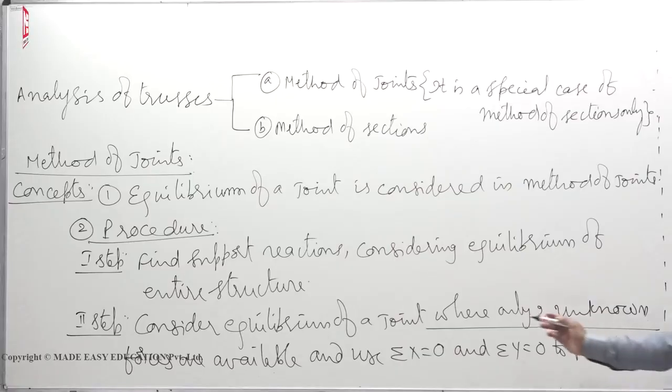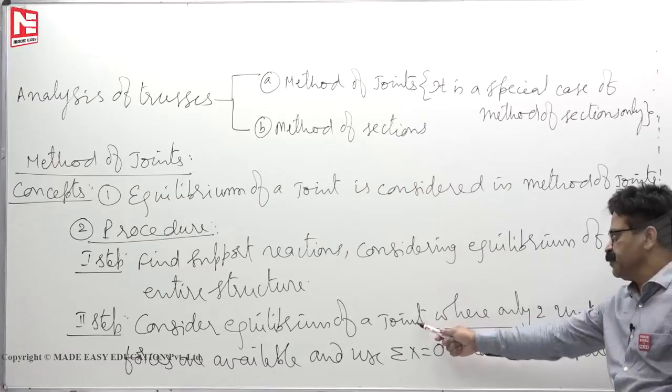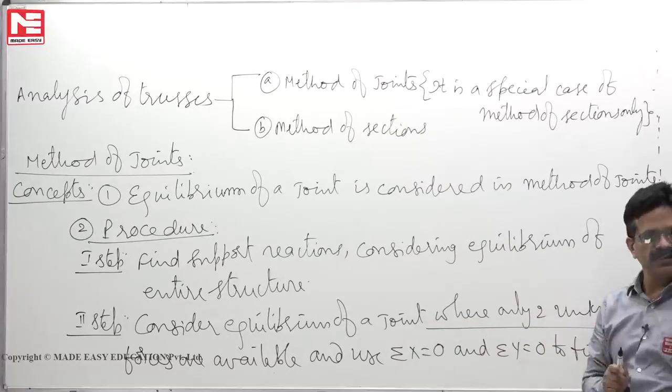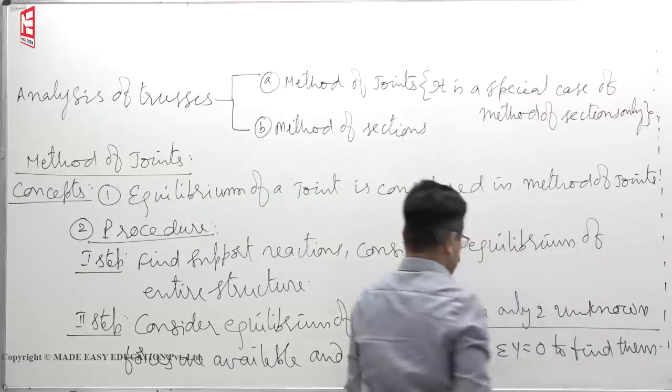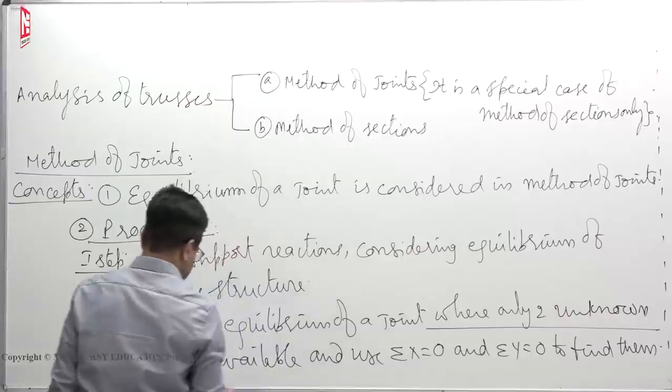Now, why should we take equilibrium of a joint where only two unknown forces are available? To find them and proceed to other joints.